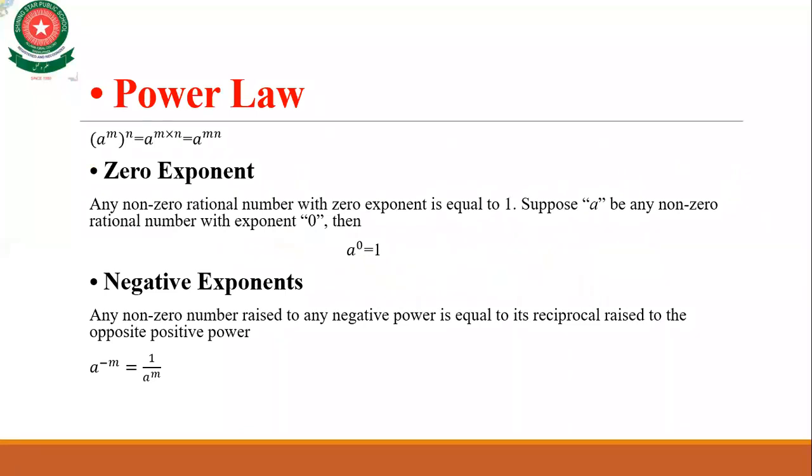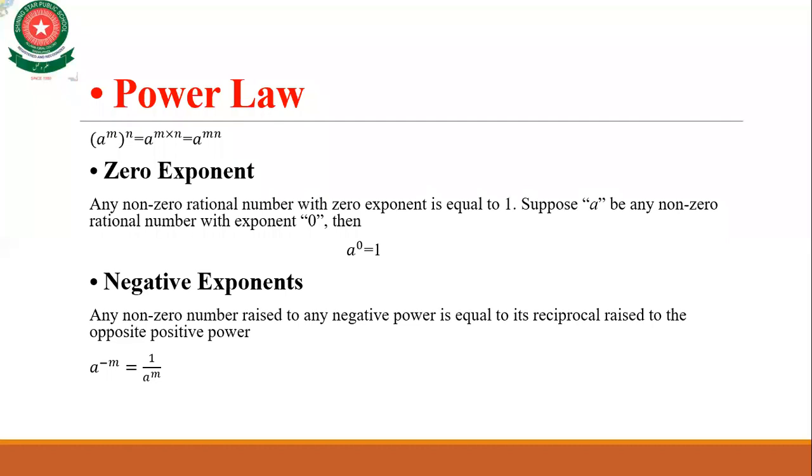It means that whenever you have a power 0 on any base, then the answer will be 1. Suppose a is any non-zero rational number with exponent 0, then a^0 is equal to 1.